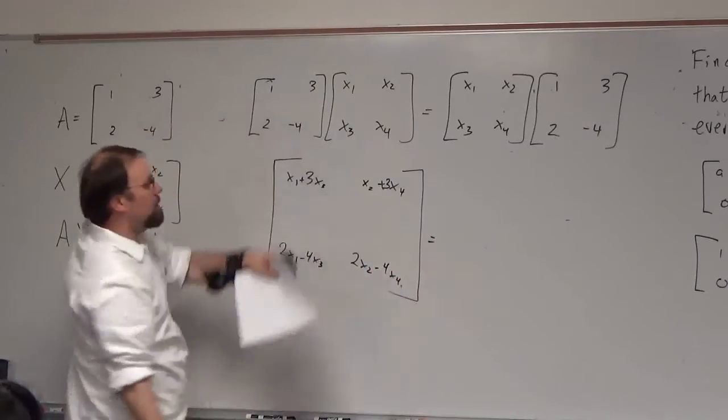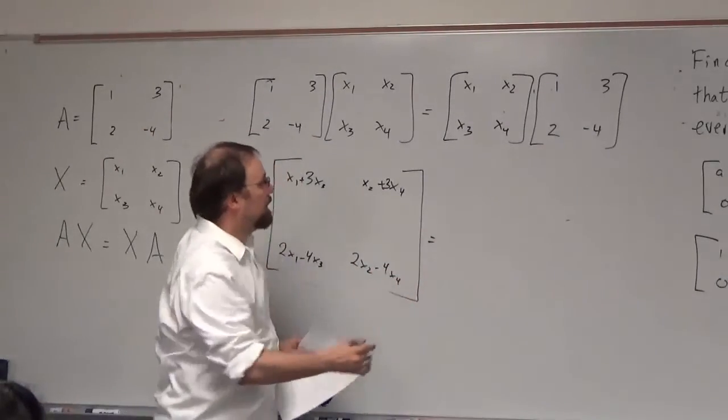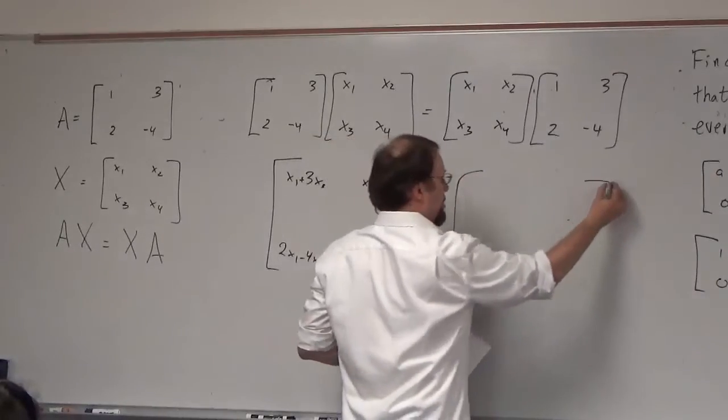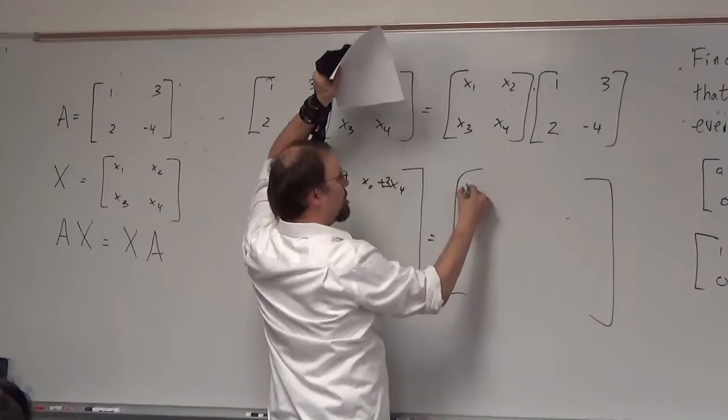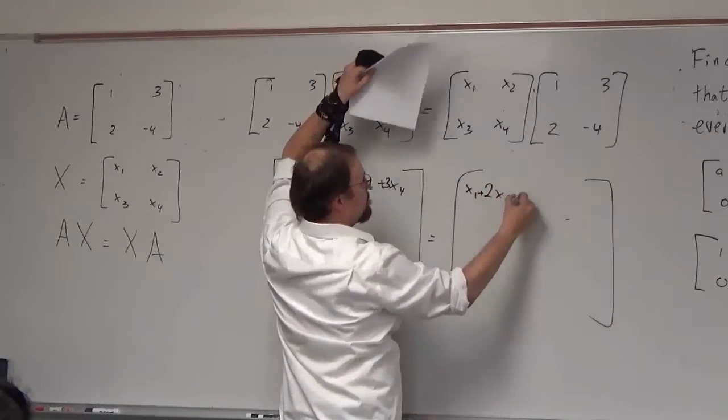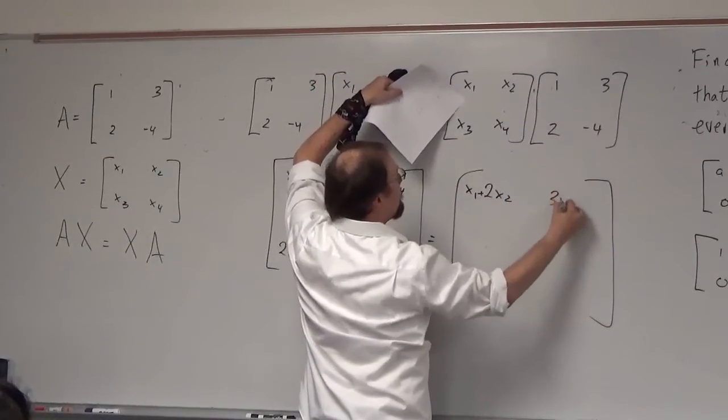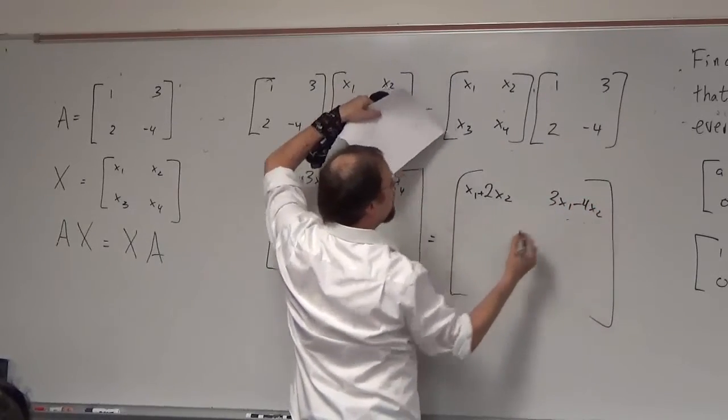And that should be the same as this result, right? So x1 plus 2 times x2, 3 times x1 minus 4x2.